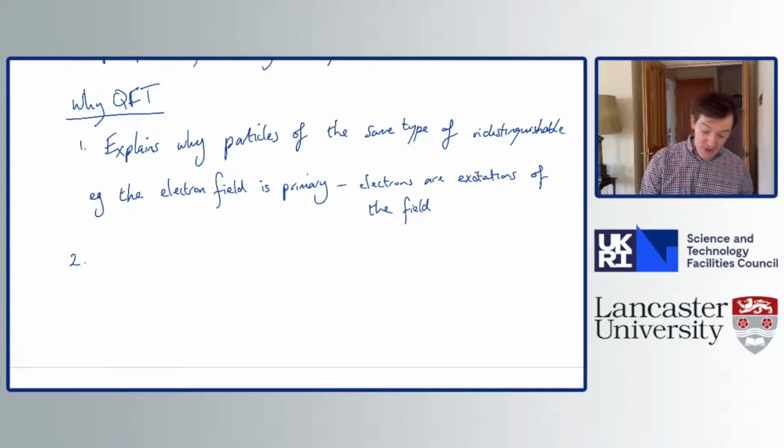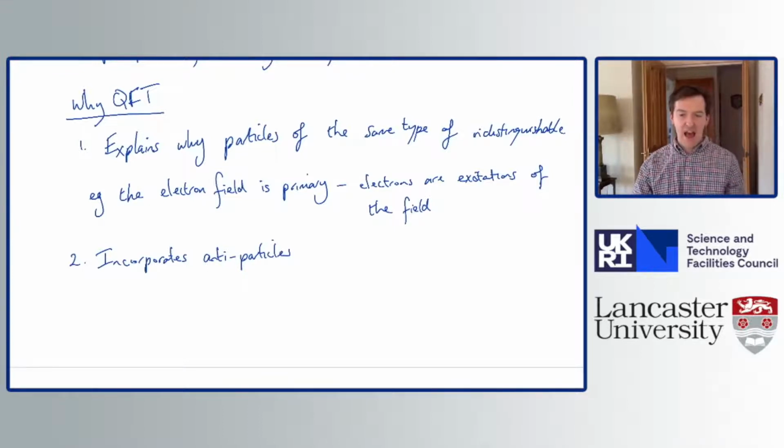And the other thing which is very important is that it incorporates antiparticles. Okay, so we know that the world has antiparticles in it. Quantum field theory very naturally has to have antiparticles, and it is a formalism which in general allows for the change in particle number. Okay, so it incorporates antiparticles and changes in particle number.